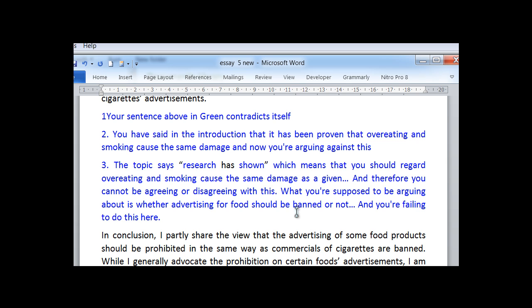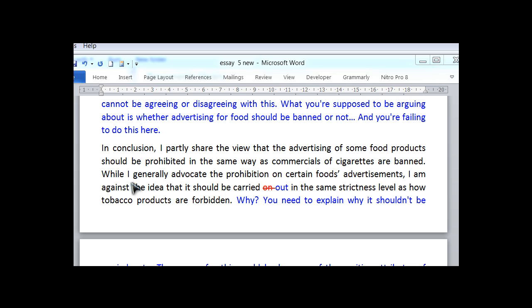Okay, so that's a big problem for the writer. The conclusion doesn't really help us. "While I generally advocate the prohibition on certain foods advertisements, I'm against the idea that it should be carried out in the same strictness level as how tobacco products are forbidden." Okay, I understand what you're saying there, I understand your opinion, but why?